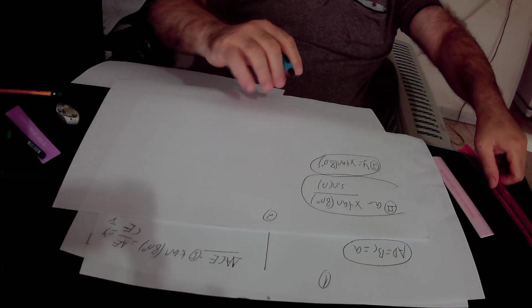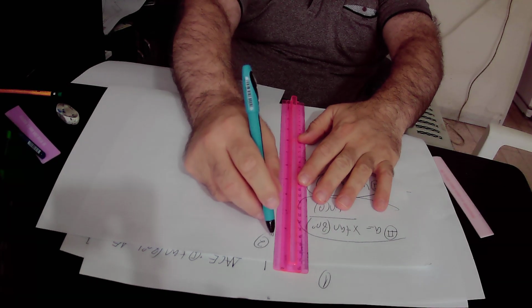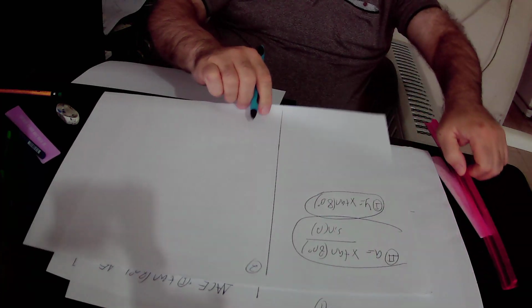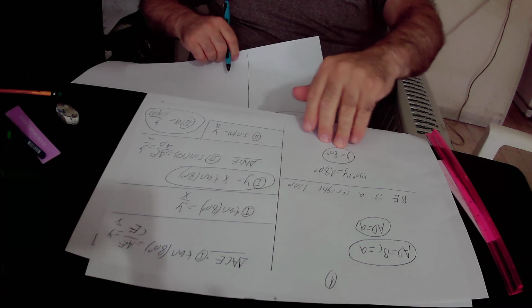In the next step, we will focus on the big right triangle, triangle ABE.